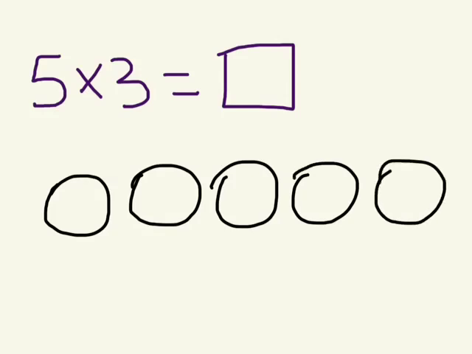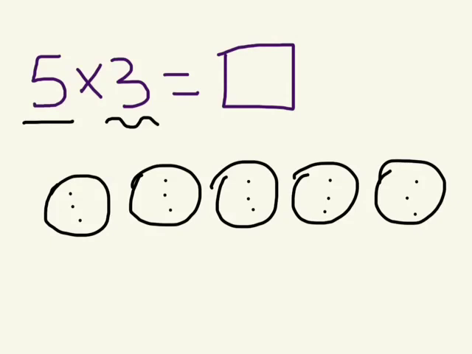Okay, I just did 5 groups because my first number is 5. My second number is 3, so I'm going to put 3 dots inside each group.